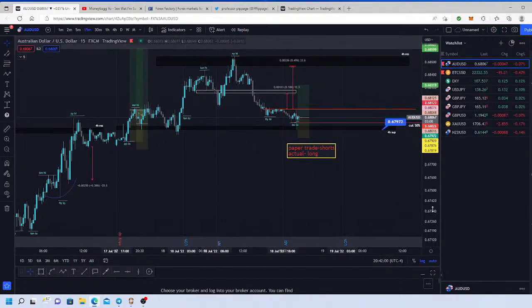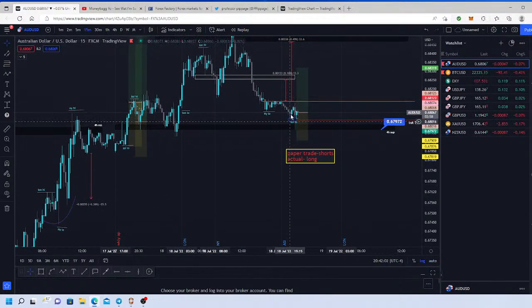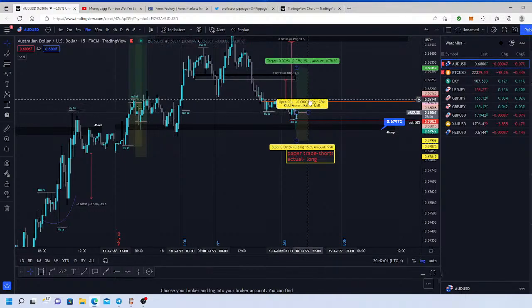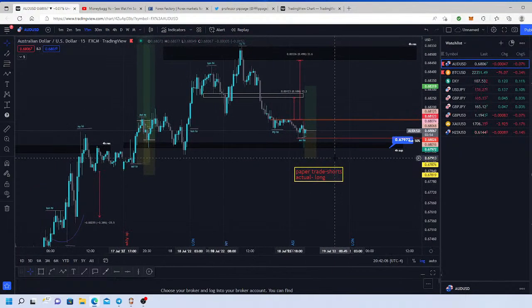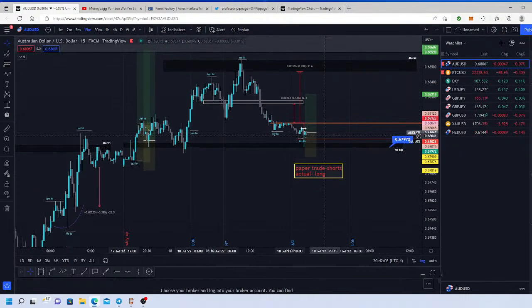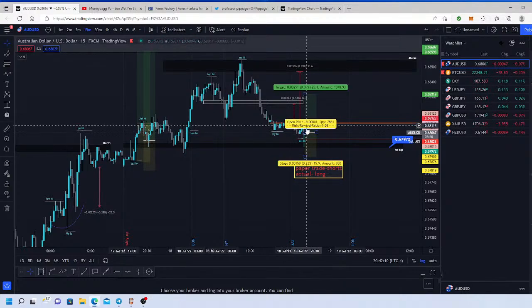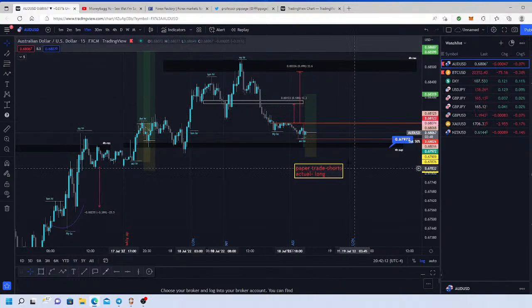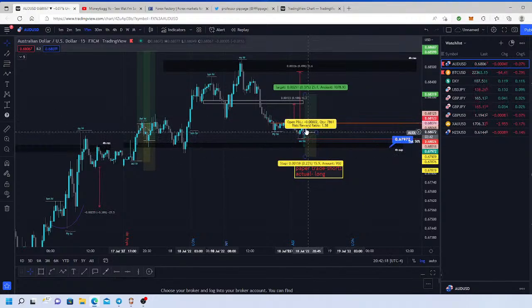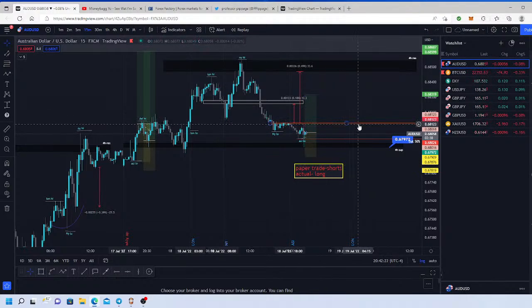Simply because I said I waited for this, I waited for that, I waited for this, and then I got in. So I'm starting to see the confirmations I need to confirm that this is going to continue to go bullish, confirm to continue to hold, confirm not to shut the whole trade down at negative 3 pips. But I need to start seeing it get above the hot zone.